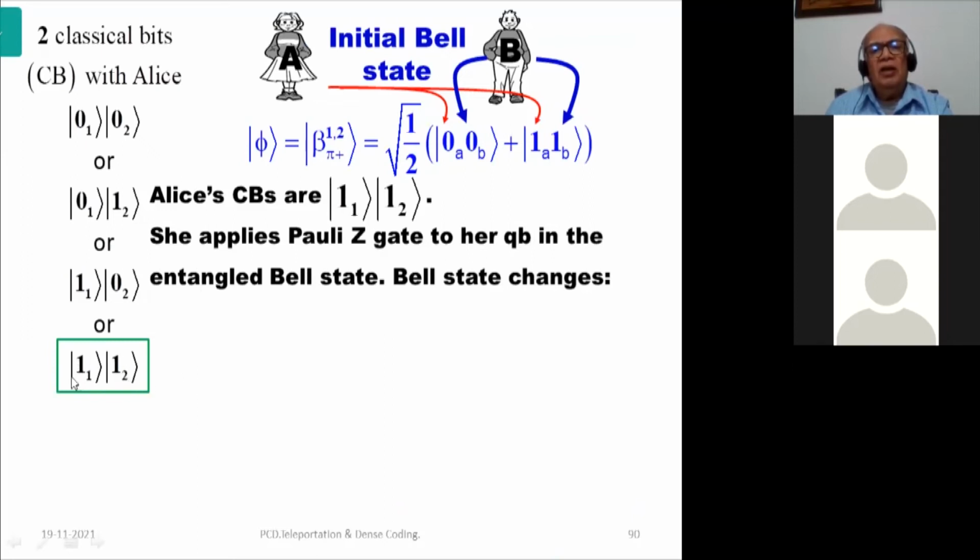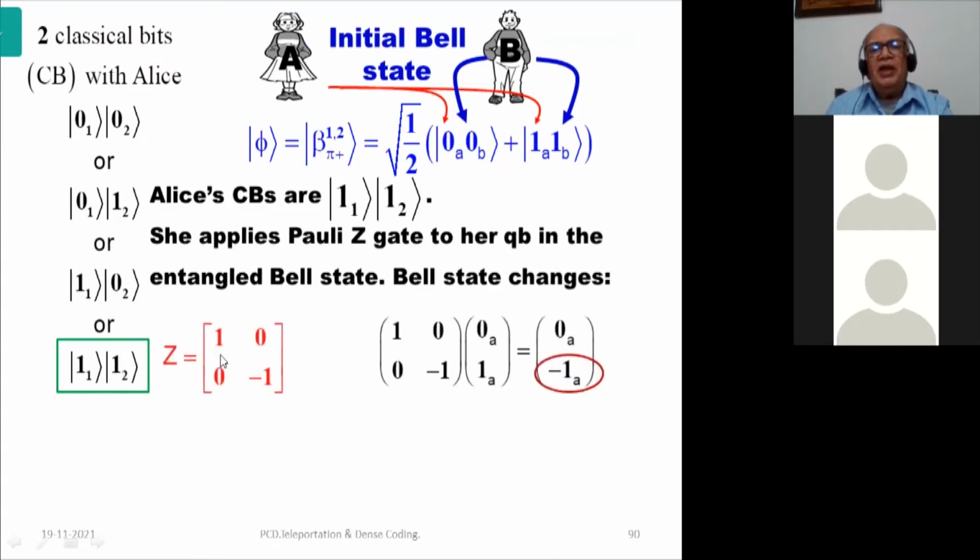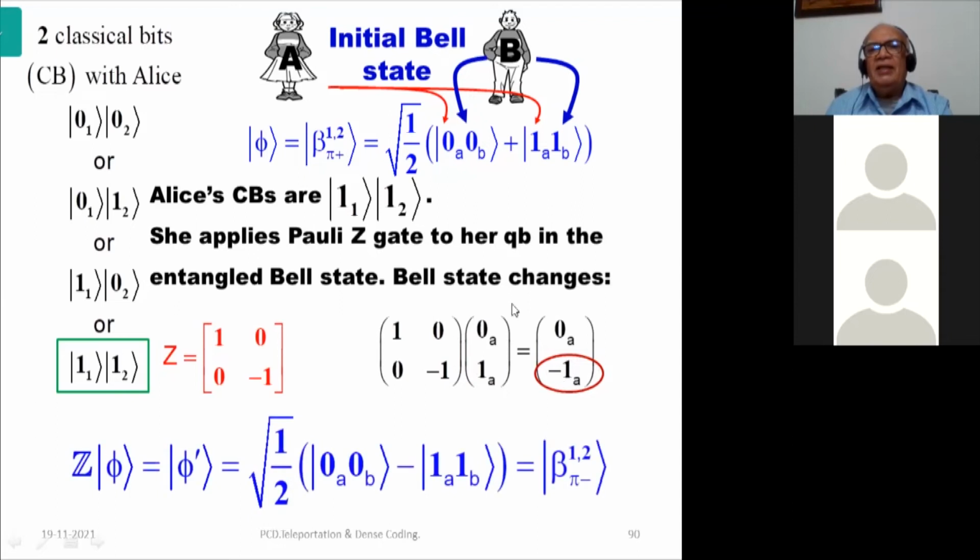She has got two classical bits which are 1 and 1. She applies the Pauli Z gate, as a result of which, keep track of this minus sign over here, this 0 will remain this 0, but this 1 remains 1 with a minus sign.